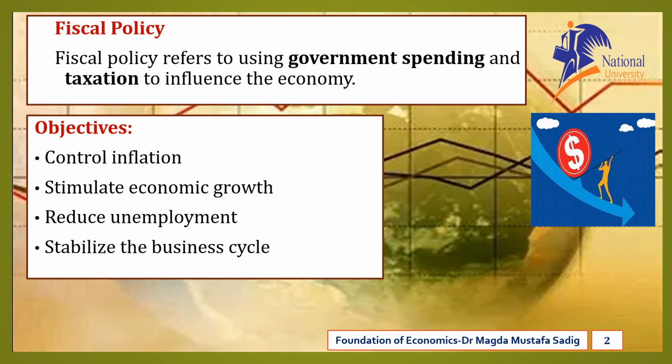We have two types of fiscal policy: expansionary fiscal policy, used in times of economic slowdown, where the government increases spending or decreases taxes. This will boost demand, encourage investment, and create jobs. And we have contractionary fiscal policy, used when the economy is overheating, so the government cuts spending or increases taxes.